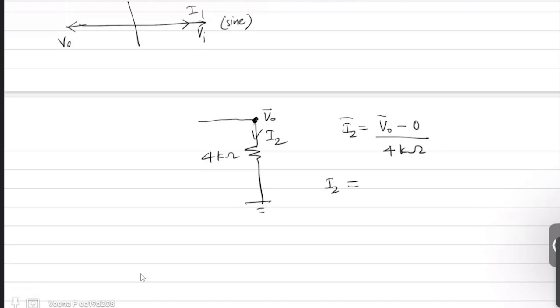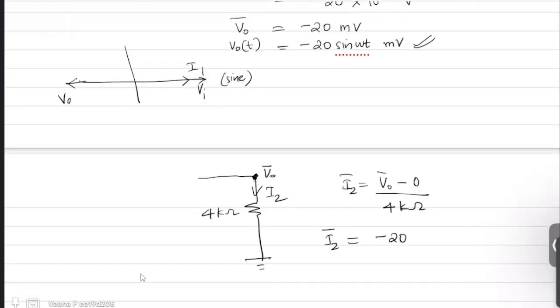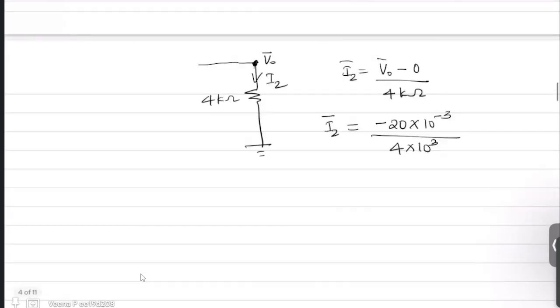That means you get I2 as V0, which is minus 20 millivolts, divided by 4 kilo ohms. So this is volts by ohm. That means it is minus 5 into 10 raised to minus 6 ampere, or minus 5 microampere.